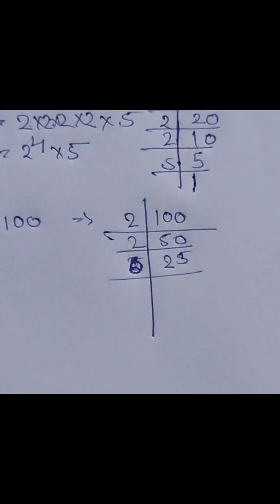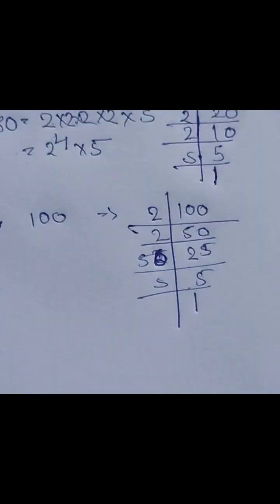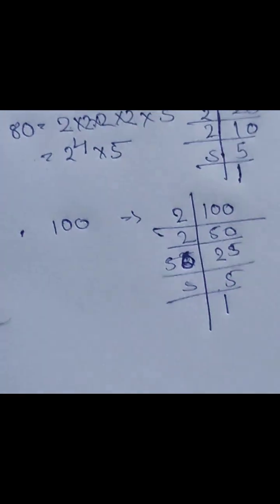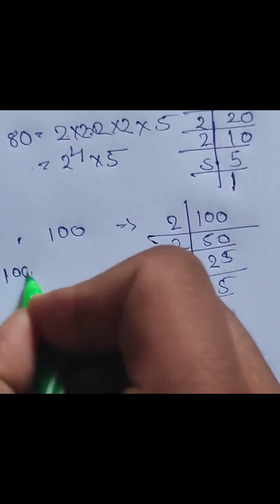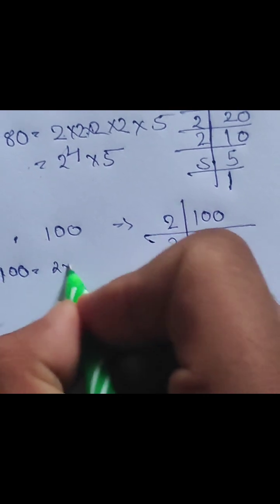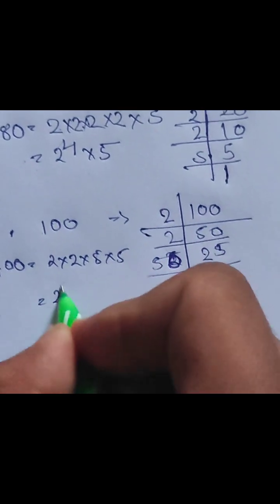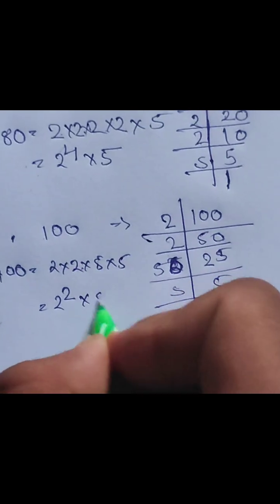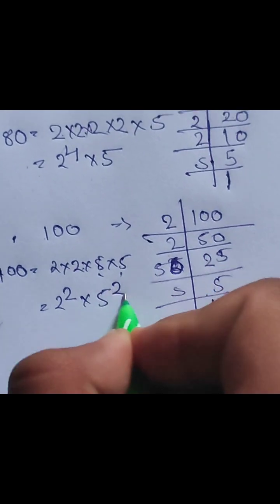First we try 2, it does not divide. Then 3, it does not. Now it's time for 5. 5 fives are 25 and 5 ones are 5. I gave you some tricks, now you try. Okay, so for 100 it is 2 into 2 into 5 into 5. So simply 2 to the power 2 into 5 to the power 2.